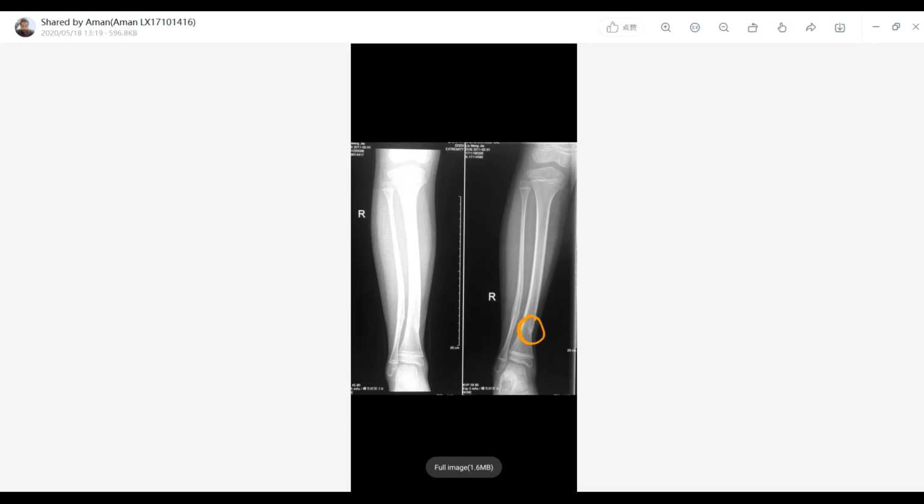Patella in the upper picture. You see patella in the upper picture? Let me check, please. Where? Patella? Did you see patella there? I don't see patella there.